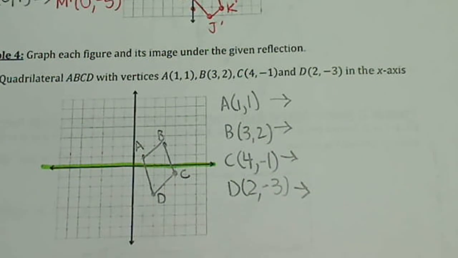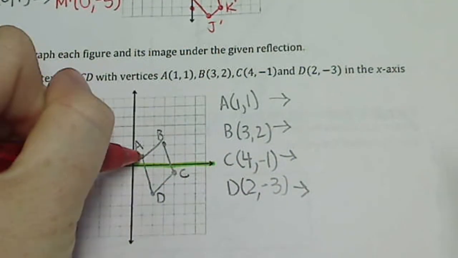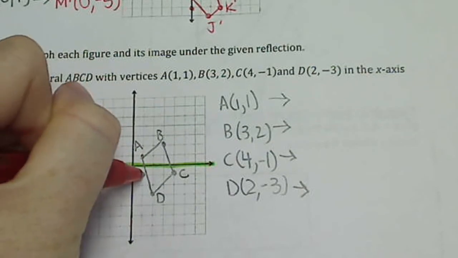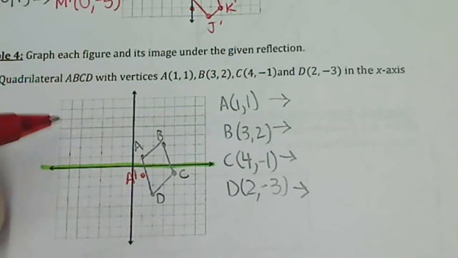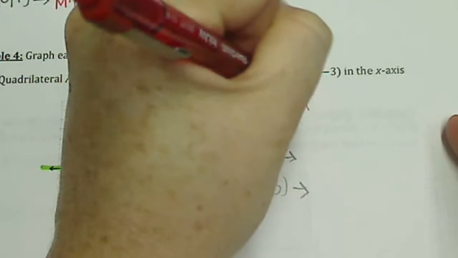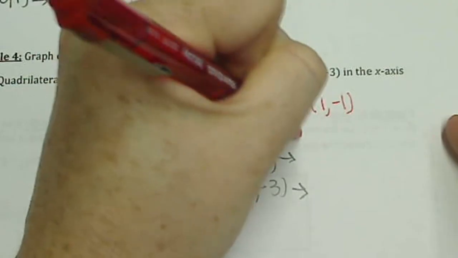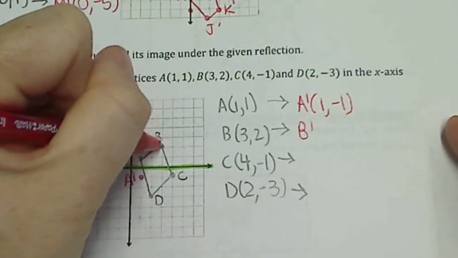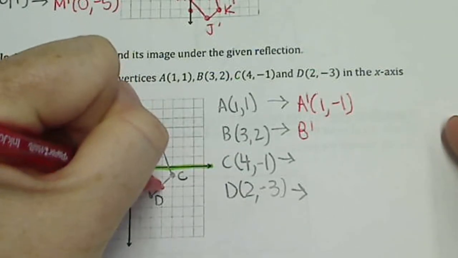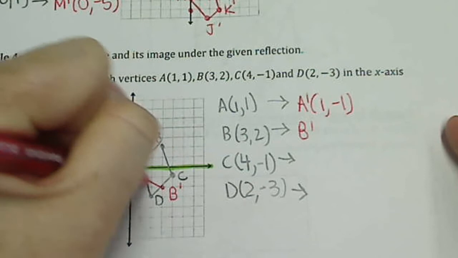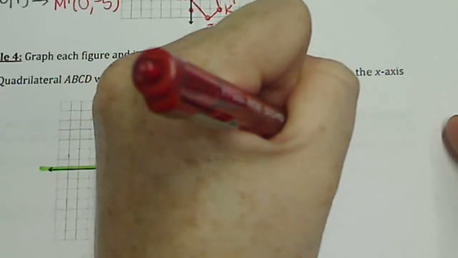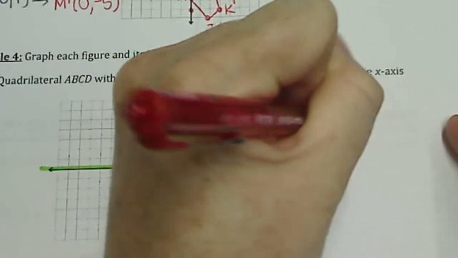So let's reflect it. Point A is 1 unit above, so we're going to go 1 unit down. That is the point 1, -1. B is 2 units up, so we're going to go 2 units down. And that is the point 3, -2.